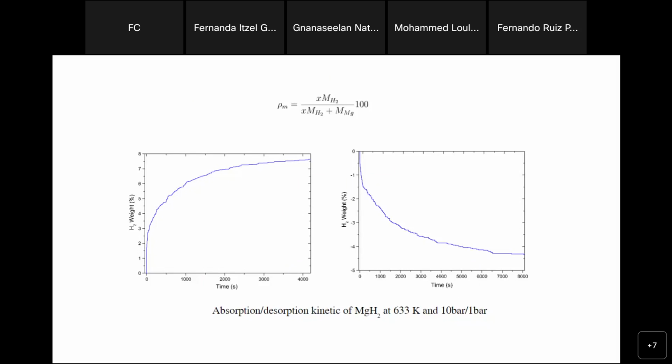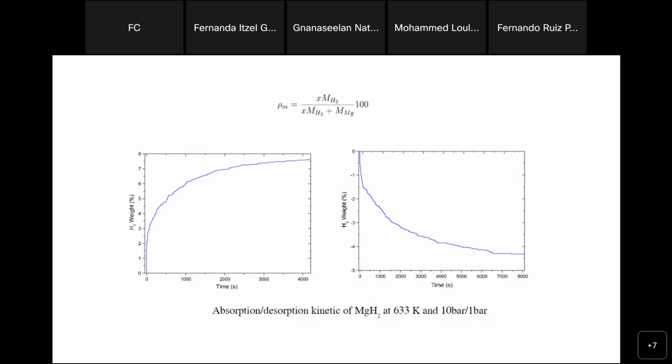As we can see from the kinetic curve, at first time steps, the kinetic is very fast, since the activation energies are very low. But when the number of hydrogen reaches a substantial value, the activation energies become higher, and then the kinetic becomes slower.